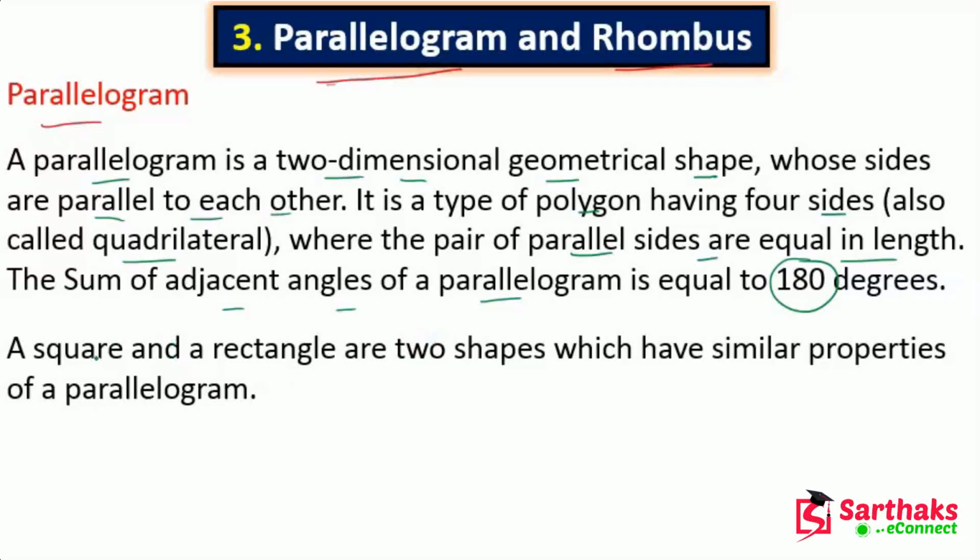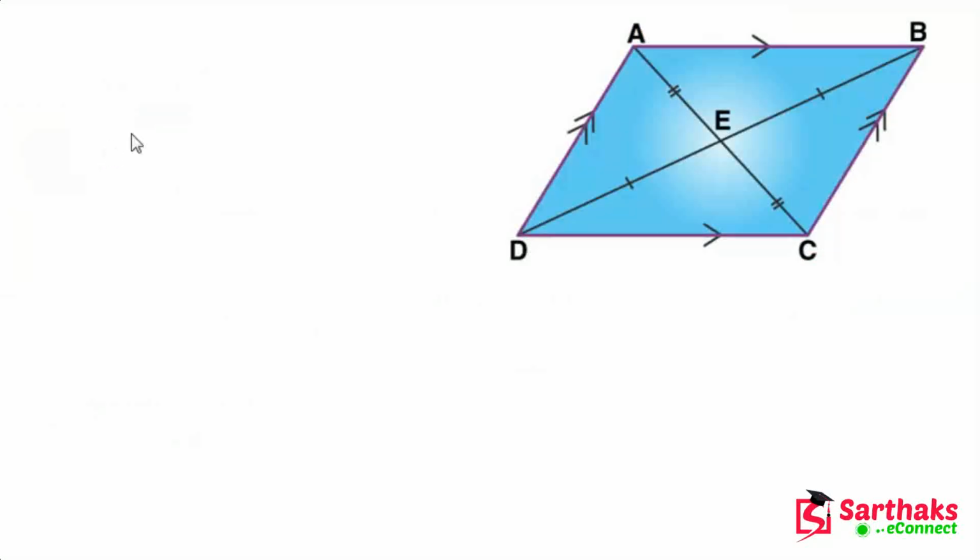Now here you can see that a square and a rectangle are two shapes which have similar properties to a parallelogram. Here you can see the figure of the parallelogram. In this figure, ABCD is a parallelogram.